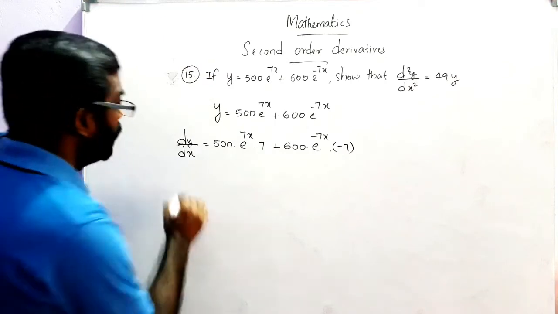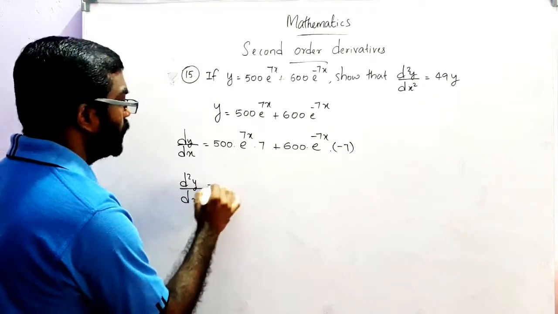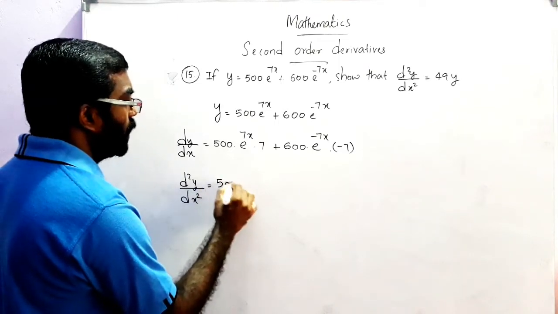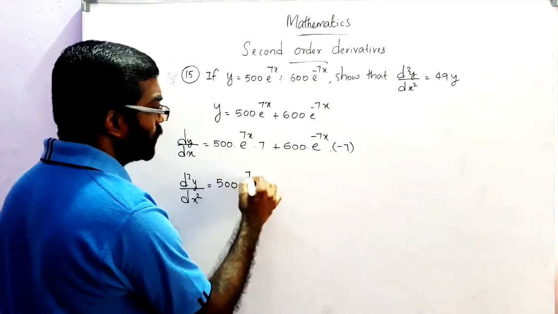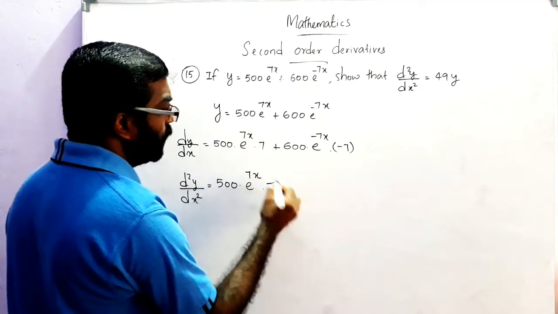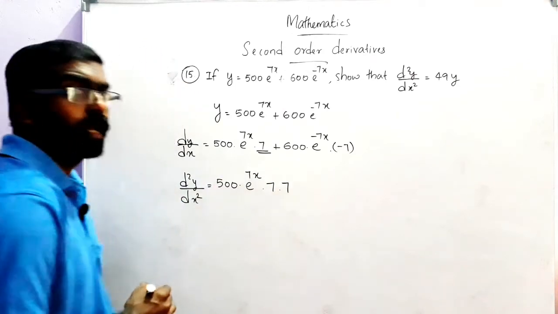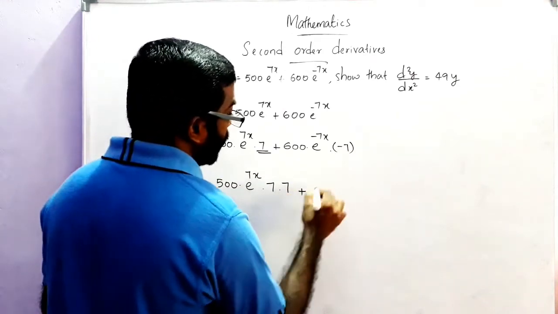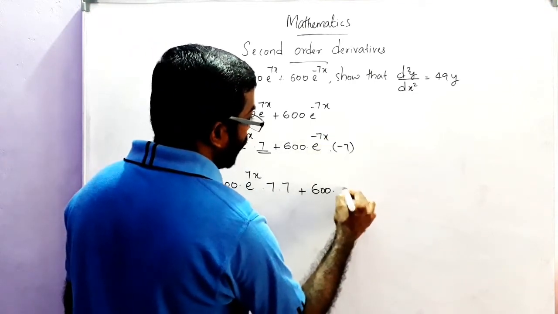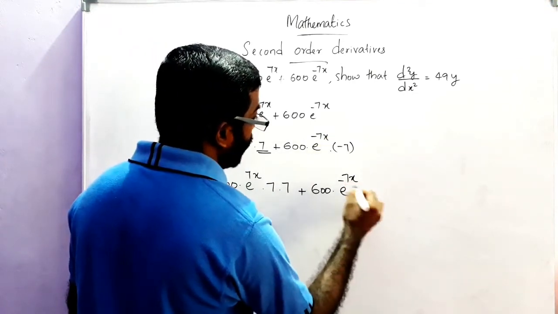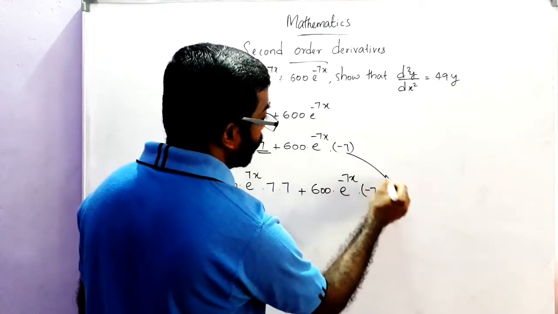Clear? Now d²y/dx², which is equal to again 500 into derivative of e^(7x), e^(7x) into 7, and here one more 7 is there. Then plus 600 into derivative of e^(-7x), it is e^(-7x) into derivative of minus 7x is minus 7, again one more minus 7.